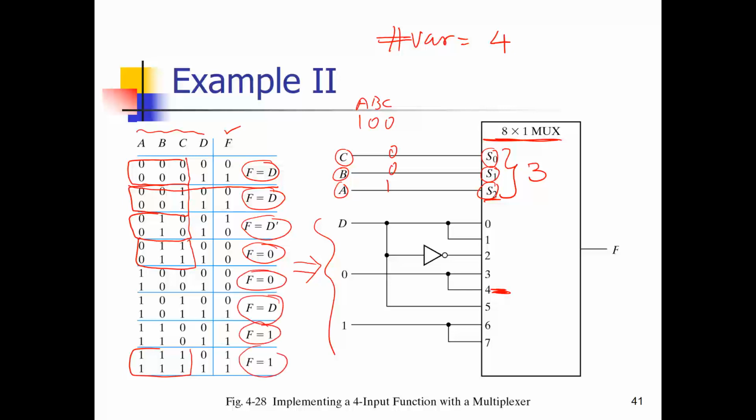Then I take these values and I plug them in these. So this is here D, D, and D prime, and here is 0, 0, D, and 1, 1. Okay, and this way I have implemented a 4 variable function using a 3 selection line 8 to 1 multiplexer.